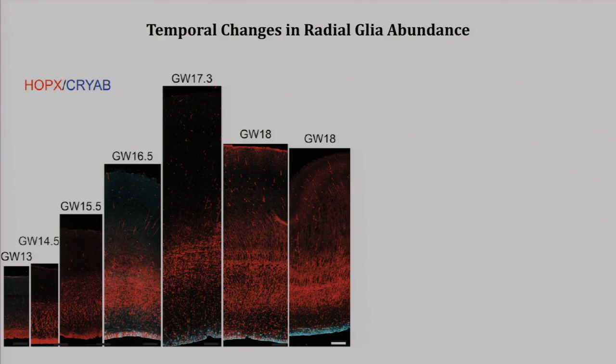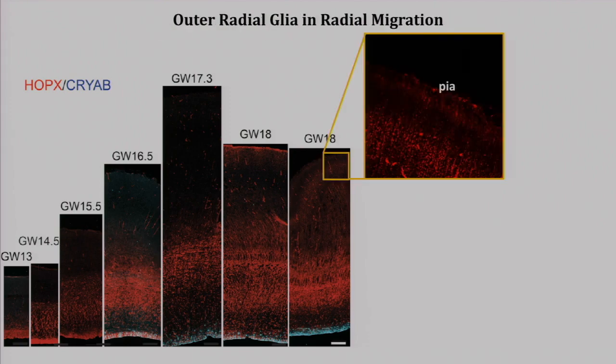That was quite surprising. The other surprising thing was that the outer subventricular zone markers, including this HOPX gene, were labeling the vast majority of the radial fibers that were arriving at the cortical plate past about mid-gestation.